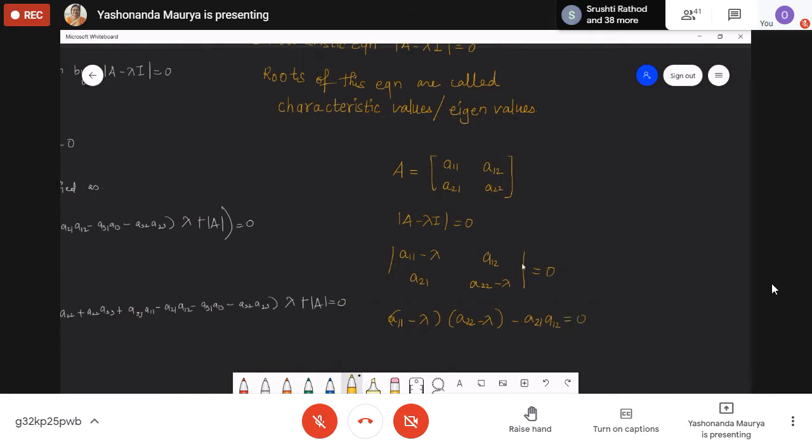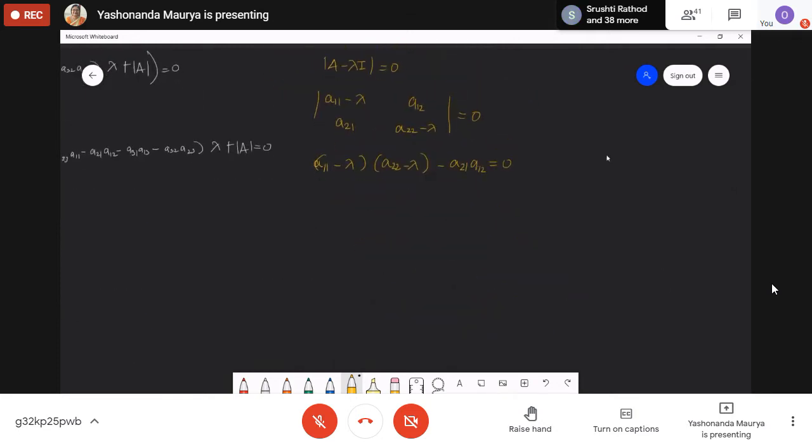When we simplify this expression, we get lambda square minus A11 plus A22 times lambda, plus A11 A22 minus A12 A21 equal to 0.